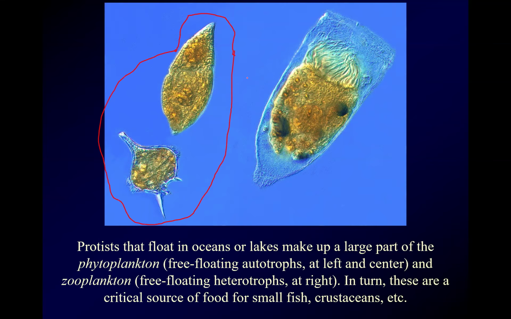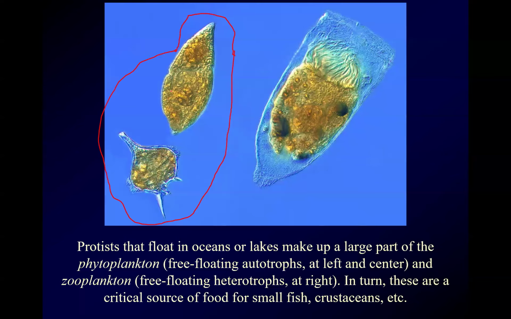Plankton, by the way, doesn't mean that thing that looks like a Darvaset in SpongeBob SquarePants. Plankton in general is any organism that can't swim strongly enough to hold position in the water. Plankton is basically at the mercy of currents. And phyto is the Greek root for a plant.